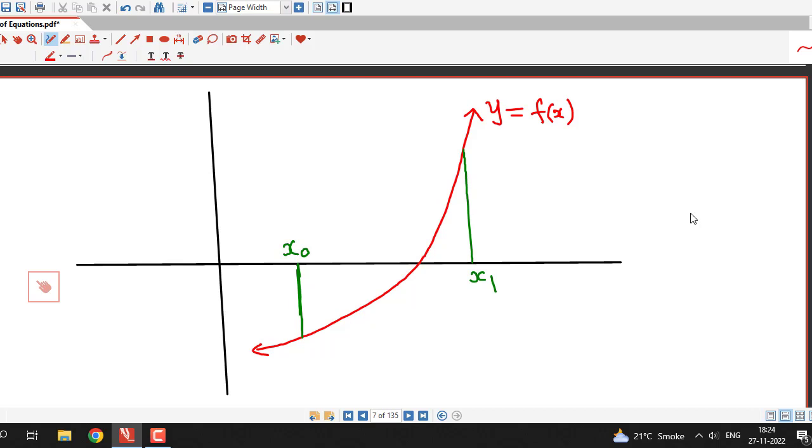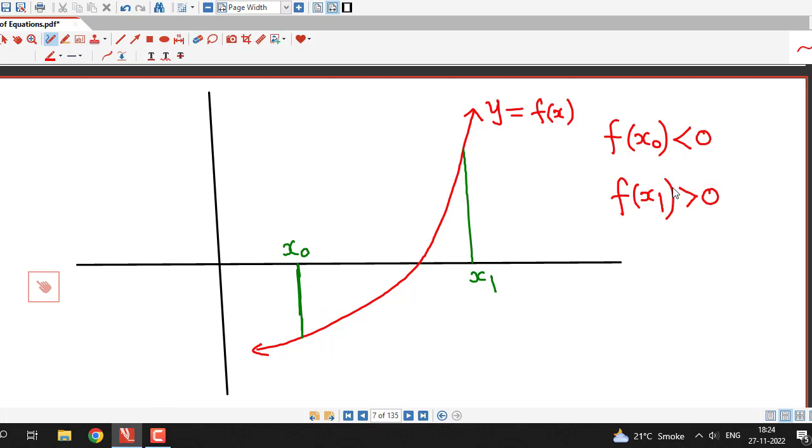In the bisection method also we decide 2 points by trial and error such that the function is of opposite signs at those 2 points. So here also first we decide 2 points x0 and x1 such that if f(x0) is negative, then the value of the function at the other point is positive.